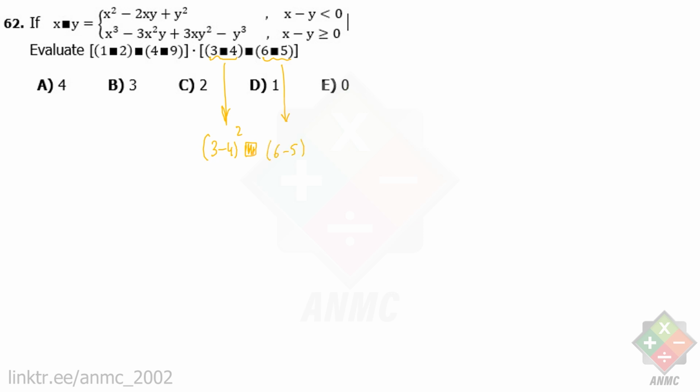And this is 1 and 1. They are equal to each other. So 1 minus 1 cube. As you see, it is 0 cube and it is also 0. Left side is not necessary. 0 times anything is 0.